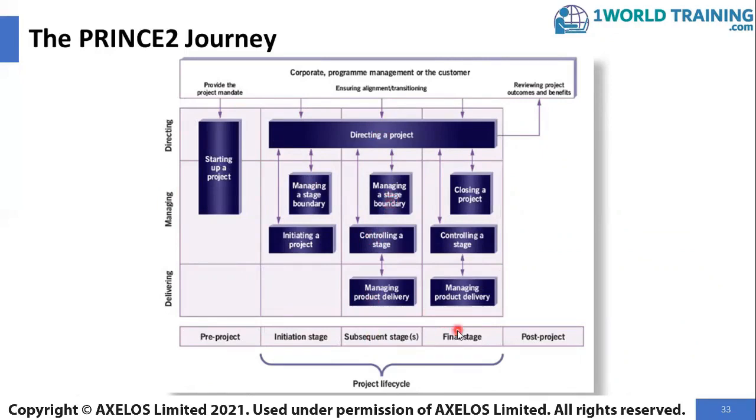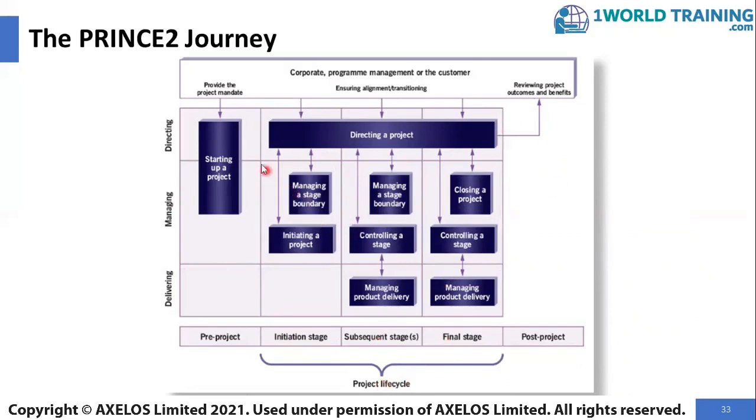In the final stage, controlling a stage and managing product delivery will be involved, followed by closing a project. If there are no products to deliver in the final stage, then only closing a project would be there. Then afterwards, we have the post-project. The section from the initiation stage through the subsequent delivery stages and the final stage makes the project life cycle.